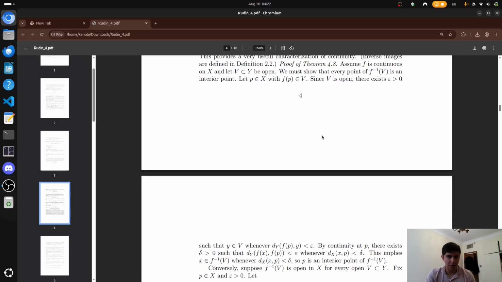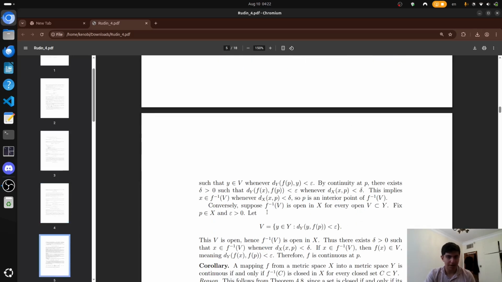Because it is open, it's an interior point, that means it must have a neighborhood contained inside V, and you can take it to be less than epsilon. By continuity at p there exists delta greater than 0 such that d_Y(f(x), f(p)) is less than epsilon whenever d_X(x, p) is less than delta.